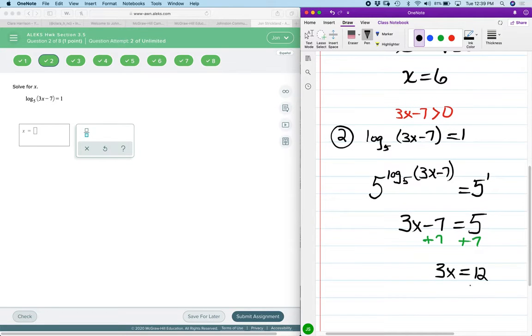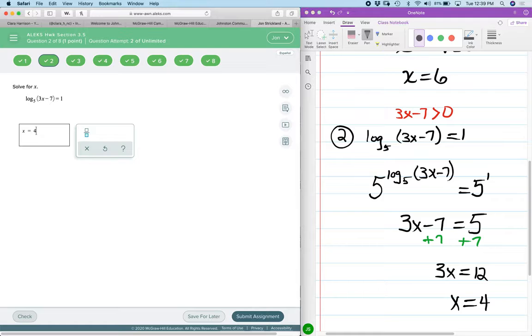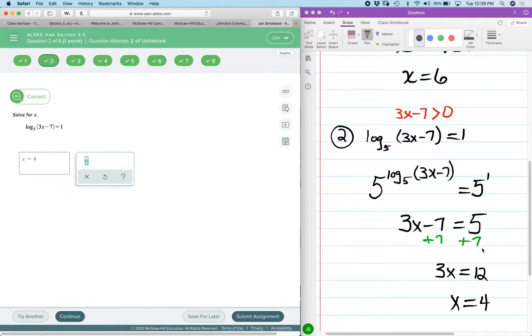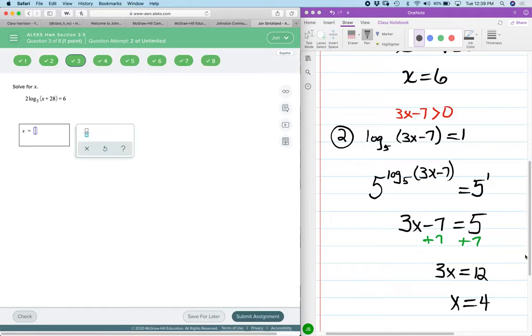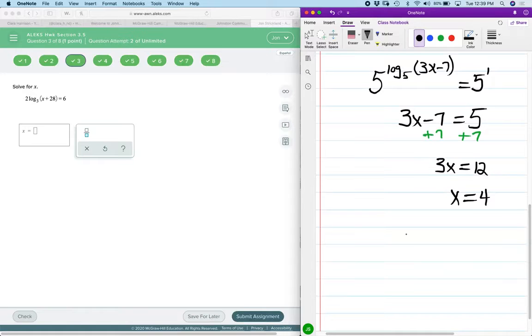With division by 3, we have that x is equal to 4. And 3 times 4 is 12, minus 7 is 5. So the argument is positive. And just entering what we have for x and checking out, it is correct.